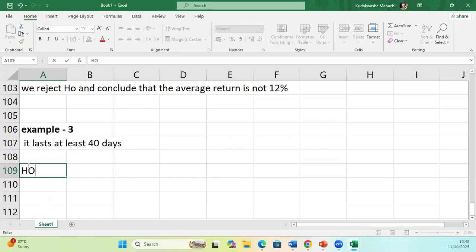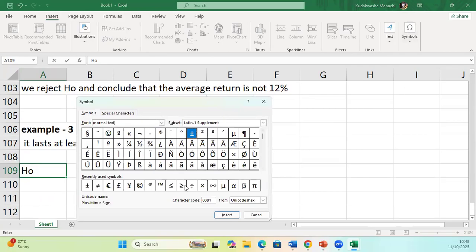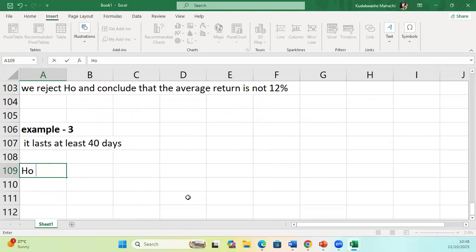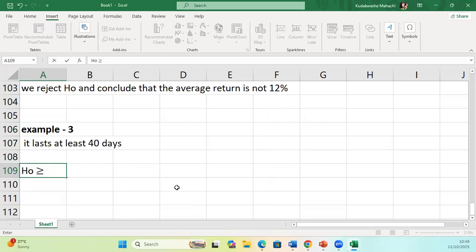And we said that the null hypothesis supports that yes, it's 40 days and above. So if we are now testing the claim, we test opposing that. If they are saying it's 40 and above, it's greater or equal to 40. So the null hypothesis is saying greater or equal to 40.